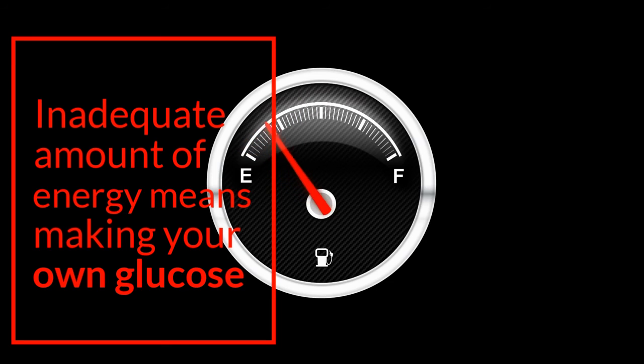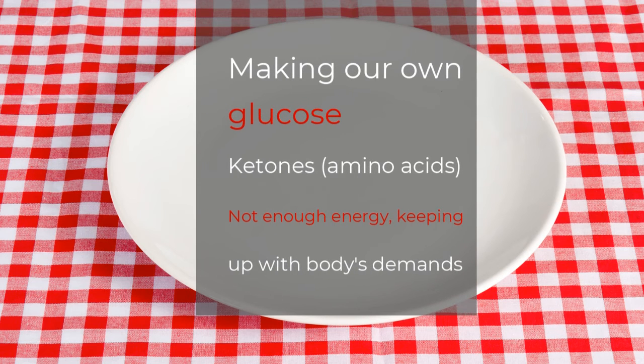If we don't have glucose to use for fuel, we rely on ketones. We can use proteins or fats. Proteins are our last resort, because if we use proteins for fuel, that means we're breaking down our own body structures and muscle. We can also use ketones, and ketones are made from those two units of acetyl-CoA.